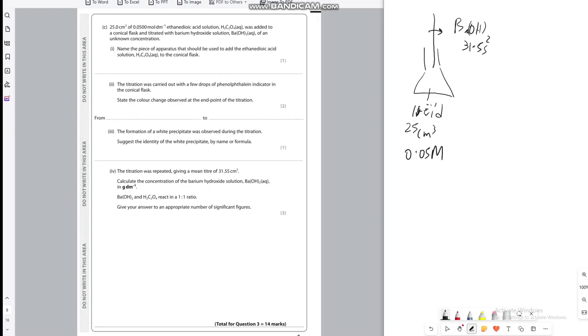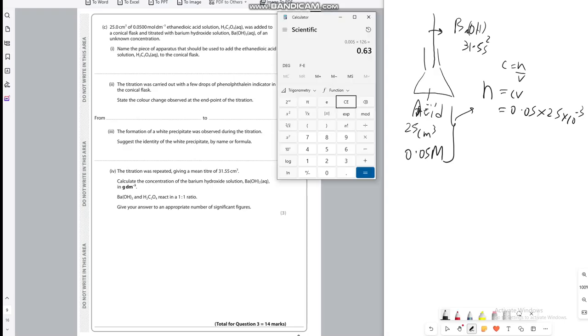Right, for the acid I'll try to find the number of moles. So we have the equation C equals n over V, so n is equal to CV. The concentration is 0.05, volume is 25 into 10 to the power minus 3, or in other words 25 divided by 1000. So we'll enter the whole thing on the calculator.